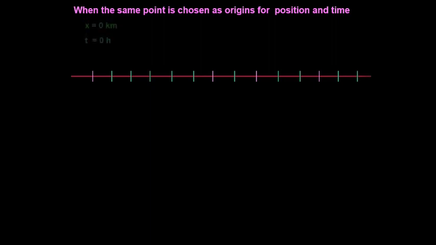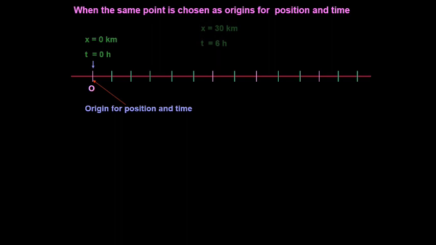When the same point is chosen as origin for position and time, then what happens? Let's see. So x equal to 0 kilometer and t equal to 0 hour is taken as the origin, and we are now not taking the negative axis. At t equal to 6 hours you have reached 30 kilometers away.